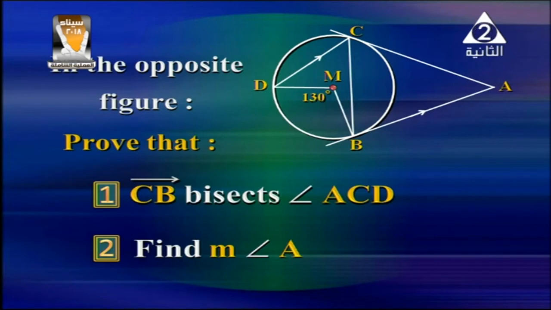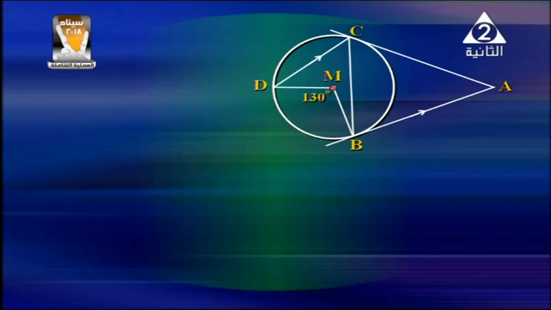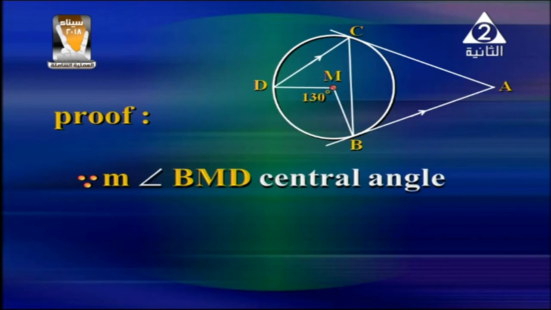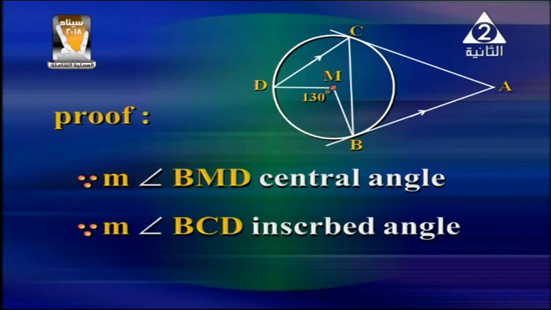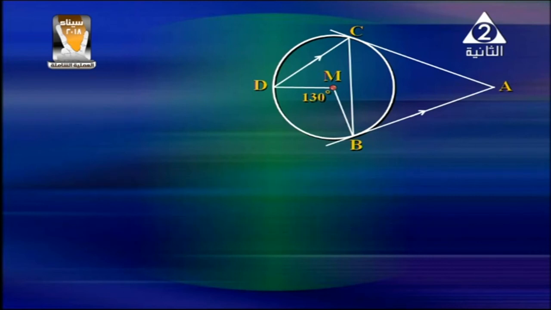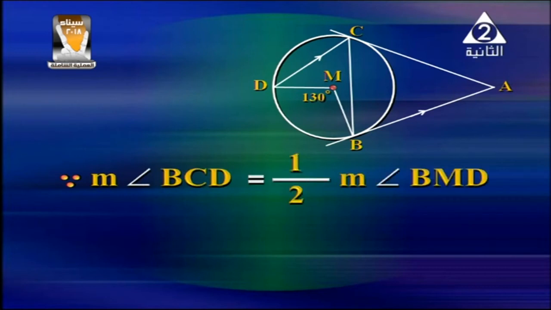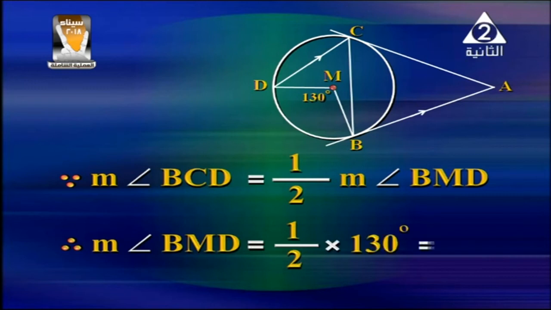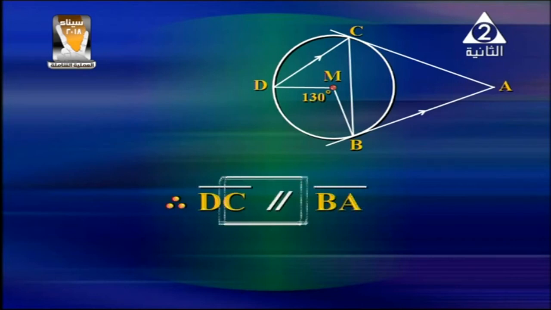First of all, you are going to notice that angle BMD is a central angle and angle BCD is an inscribed angle. So measure angle BCD equals half measure angle BMD, which is half multiplied by 130 to obtain a result as 65 degrees, as they are subtended by the same arc BD.